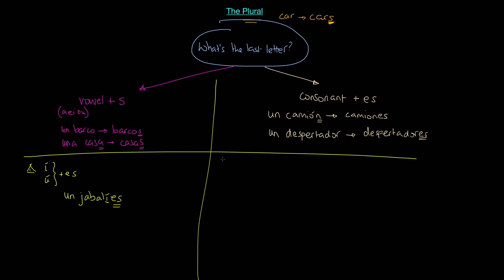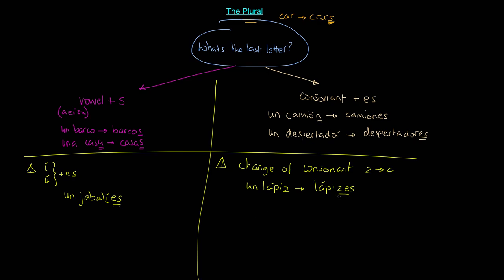Now, the other thing we need to bear in mind is that sometimes when we add es, we might need to change a consonant. More specifically, z might become a c. For example, I've got the word un lápiz, a pencil. If I've got pencils, you would think that must be lápizes, and you would be right.